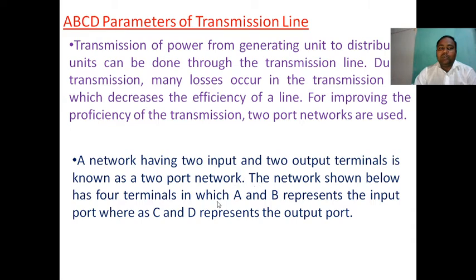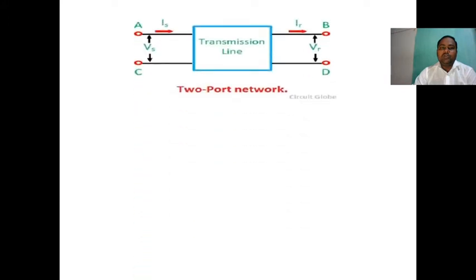The network shown below has four terminals, in which A and B represent the input port, whereas C and D represent the output port. So in ABCD parameters, AB is the input port terminal and CD is the output port terminal. This is a two-port network.